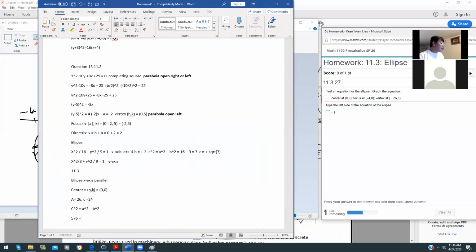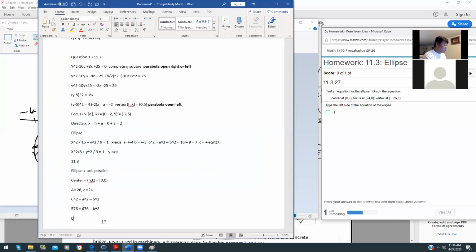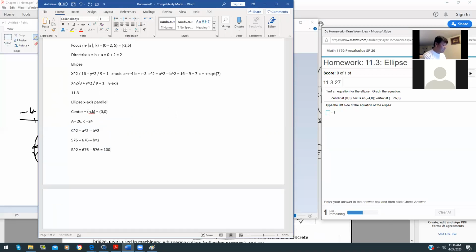A is 26, so square it, that is 676, minus B squared. Then you switch your 576 and B squared around. So B squared is 676 minus 576, which gives exactly 100. So B is plus or minus the square root of 100, which is 10.